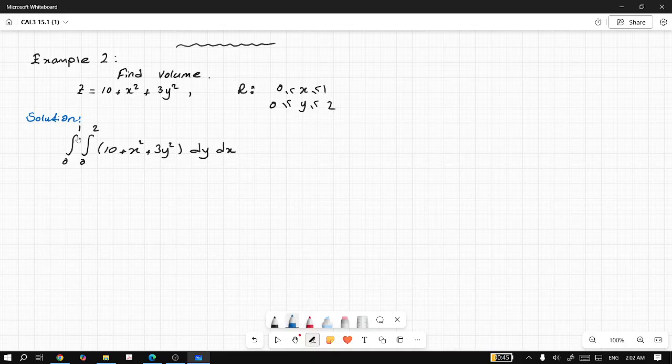As usual, we're first solving the inner integration, and then we are solving the outer integration. So the outer integration is from 0 to 1. We are not changing it.